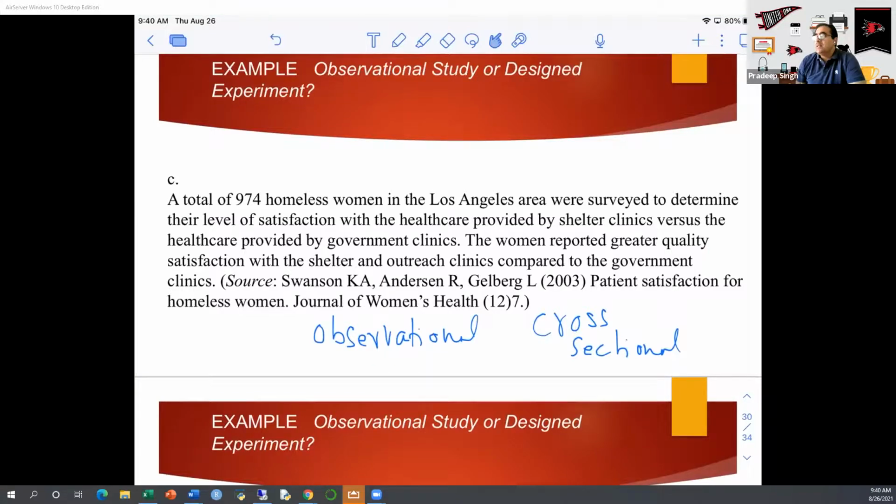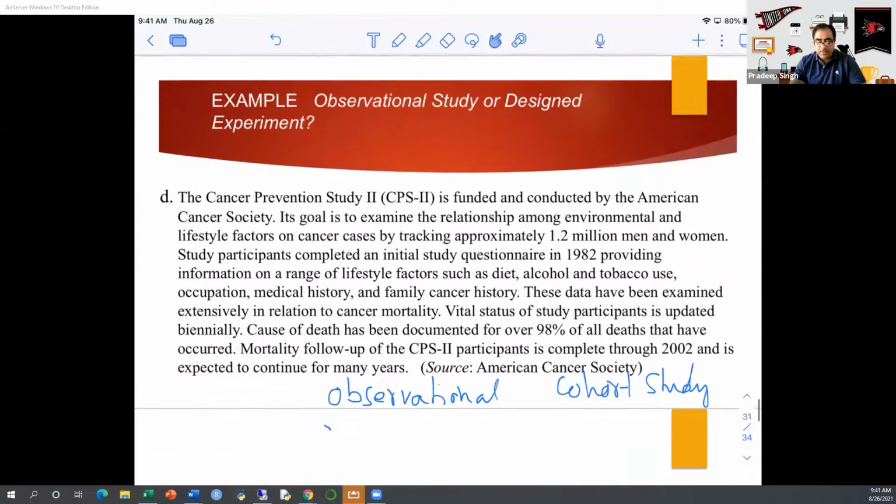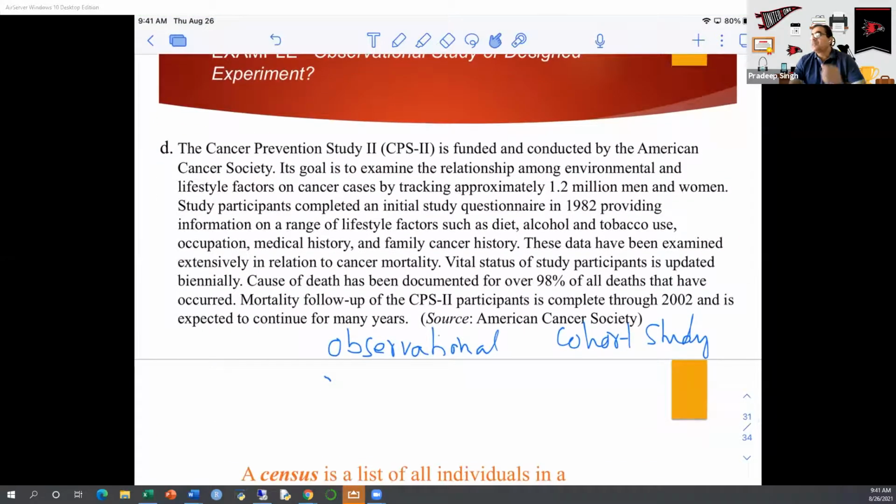Now this study, 974 homeless individuals, is a cross-sectional study. At any given point of time, you are doing a survey with 974 homeless people, and you're asking questions about healthcare satisfaction. So this is cross-sectional. And then if you look at this one, 1.2 million men and women from 1982 are being followed through.